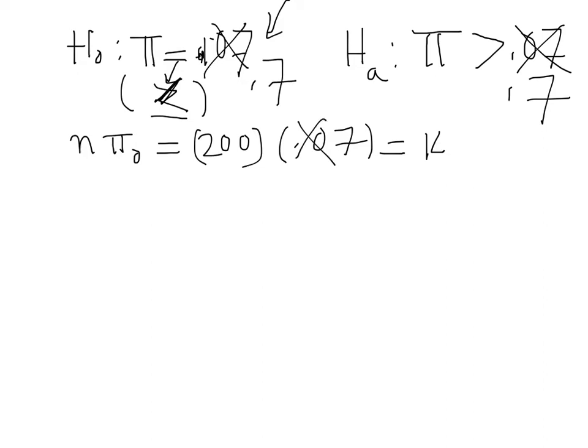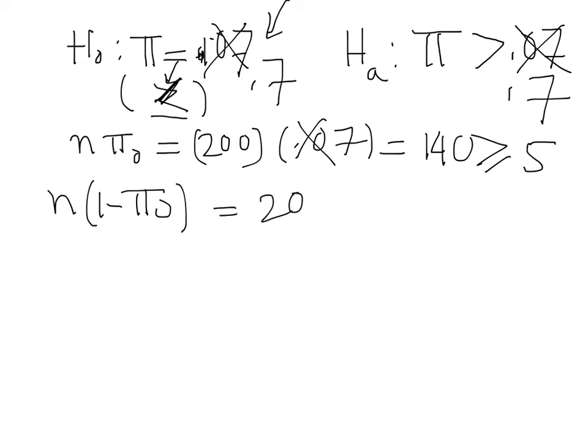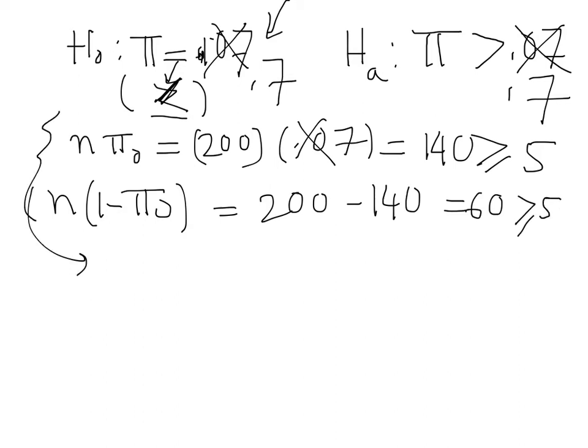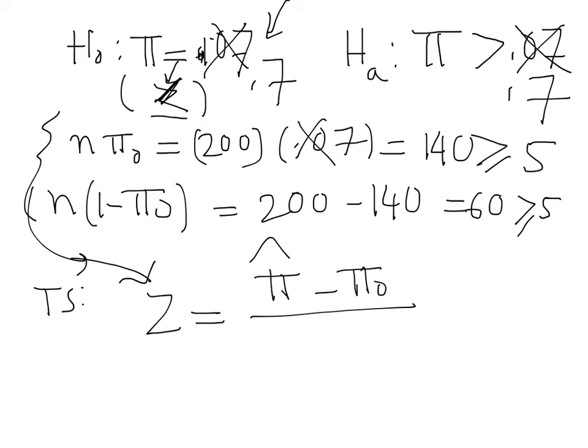So it is 0.7, 140. That's more than 5. n times 1 minus pi naught, of course, it will be 200 minus 140, which is 60, which is also greater than or equal to 5. And this tells us that the test statistic should be z, normal distribution. It is this expression: pi hat minus pi naught over the square root of pi naught times 1 minus pi naught over n.